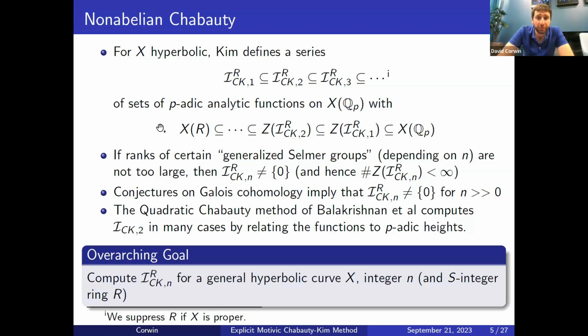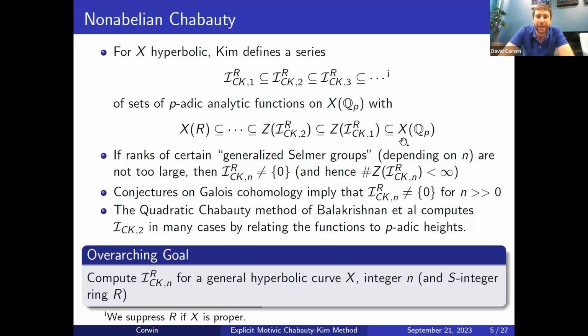Now, there's a general fact that also follows from Kim's theory, that if the ranks of certain generalized Selmer groups, depending on n, are not too large, then there are non-zero functions, which means that the zero set of these functions is actually finite.